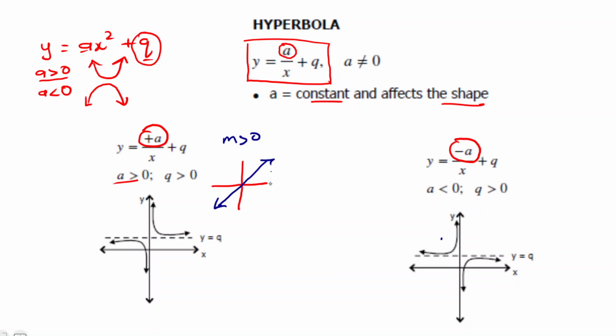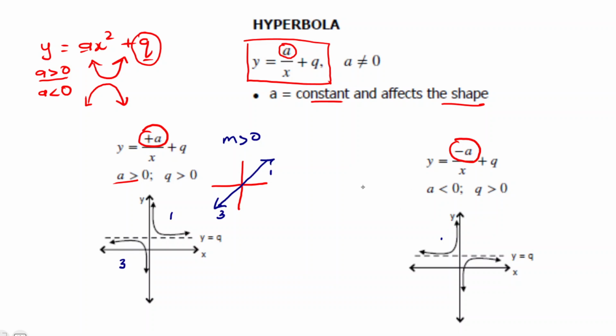It starts from the first quadrant and passes through the third quadrant. So also for the hyperbola, if the a is positive, then your hyperbola will be in the first quadrant and in the third quadrant. That's why you can see that the first part of the hyperbola is in the first quadrant and the second one is in the third quadrant.